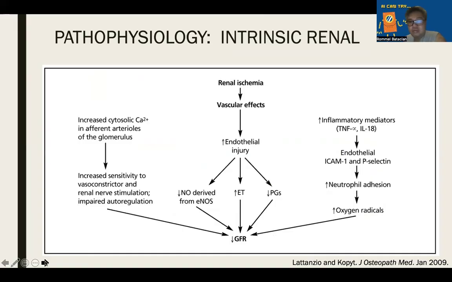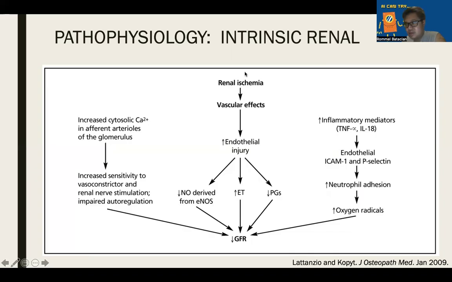Intrinsic, meanwhile, meaning these are diseases within the kidney that led to the sudden decline or shutdown of the kidney function. So usually regardless of the cause of the intrinsic renal disease, the common pathway here is renal ischemia.